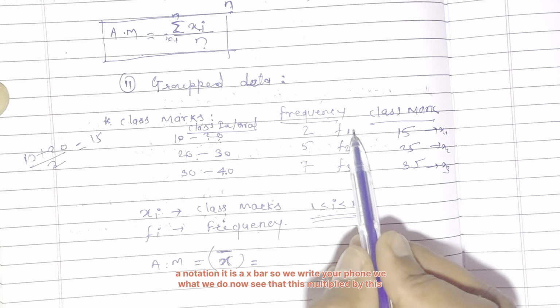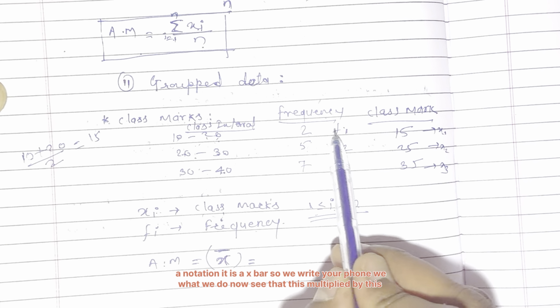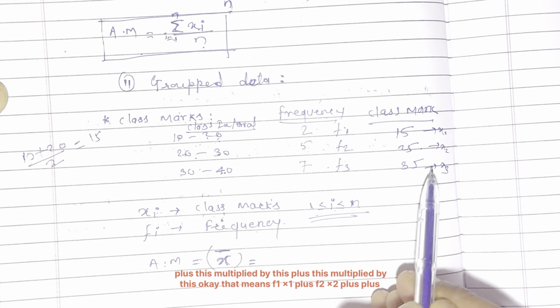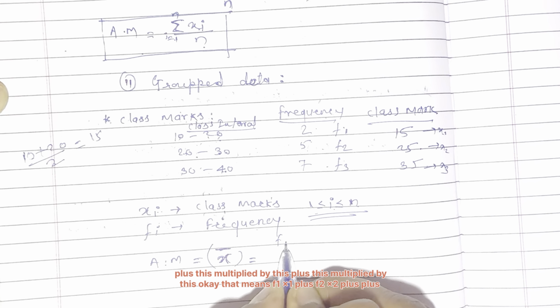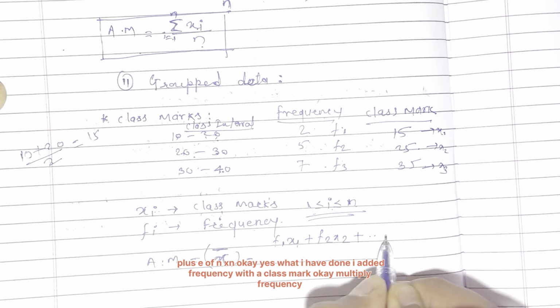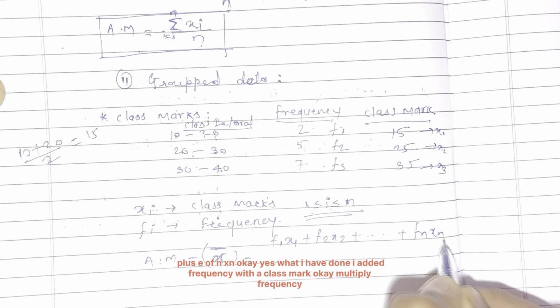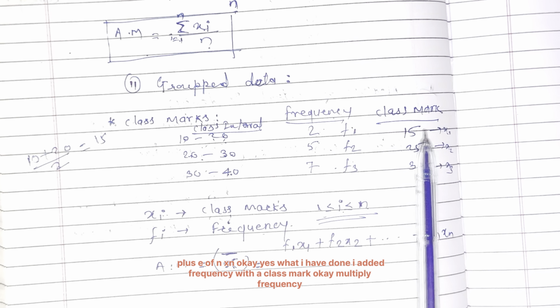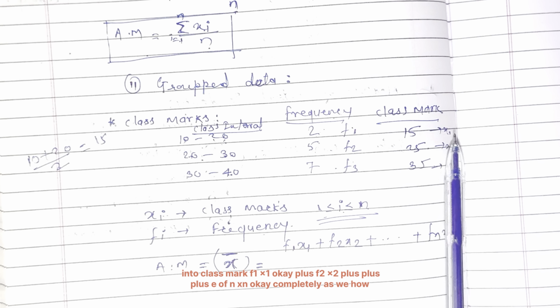So we write f1, what we do now, this multiplied by this plus this multiplied by this plus this multiplied by this. That means f1x1 plus f2x2 plus fnxn. I multiplied frequency into class mark.